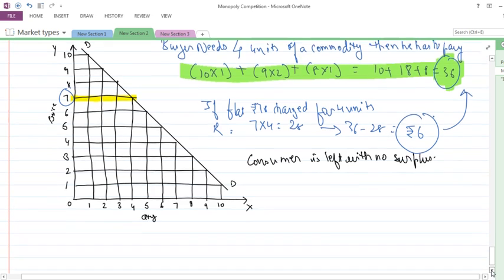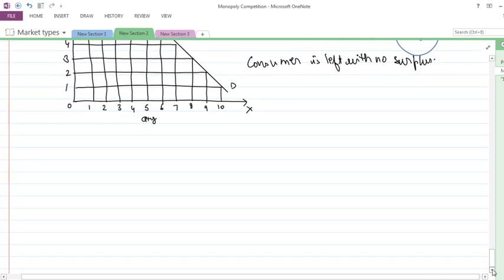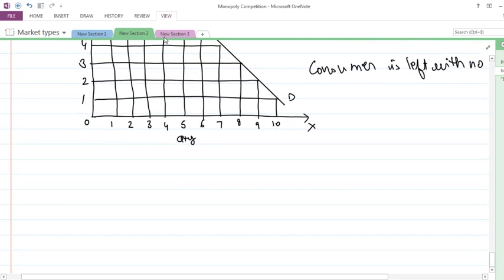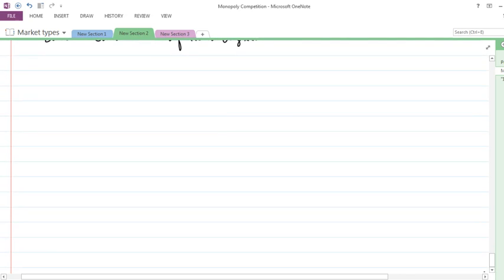Now we will be seeing the next price discrimination, that is price discrimination of second degree. So this is the second one, price discrimination of second degree. Now when price discrimination of second degree is undertaken, the buyers would be divided into groups.